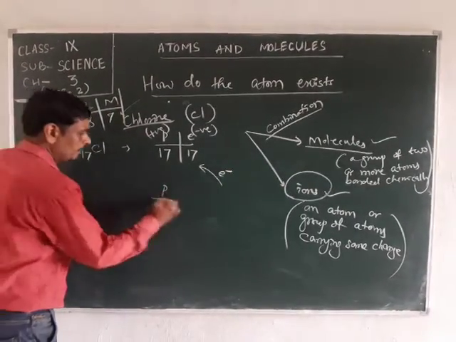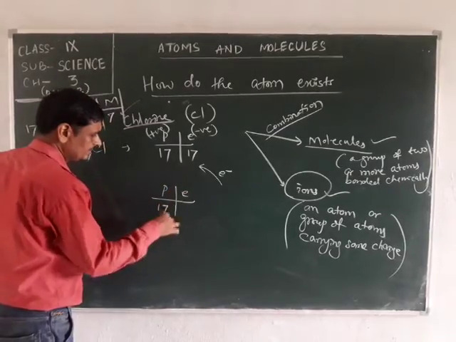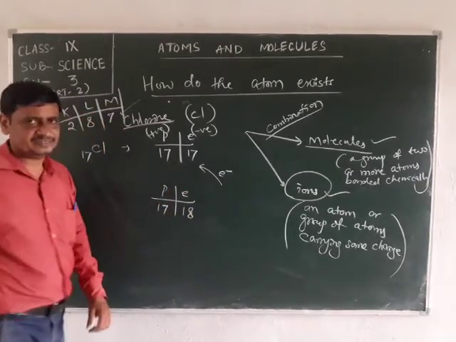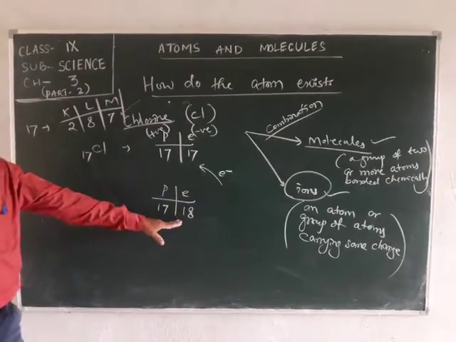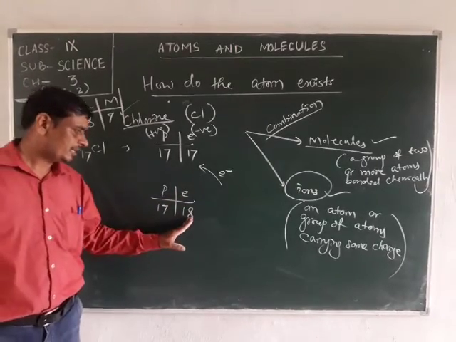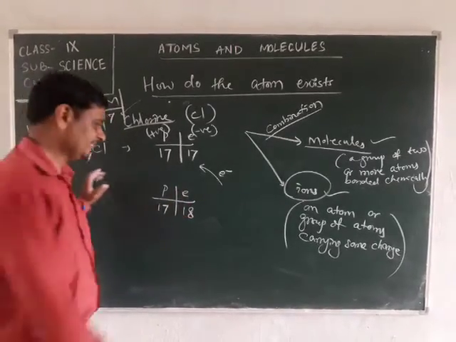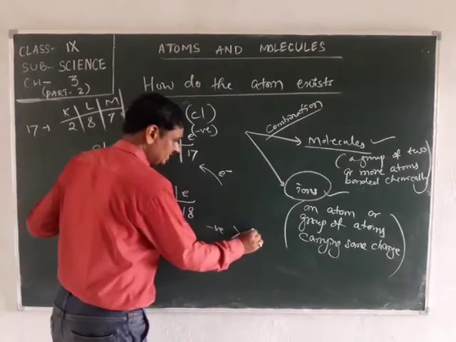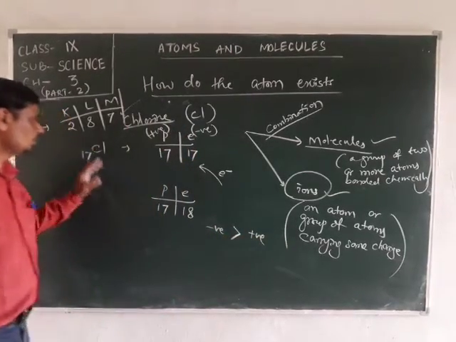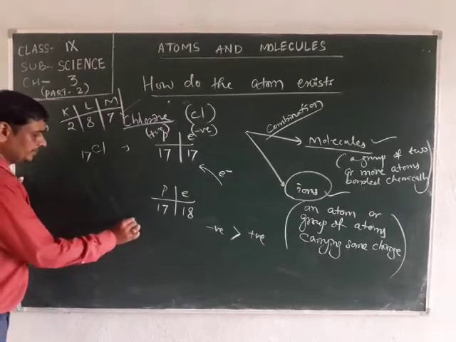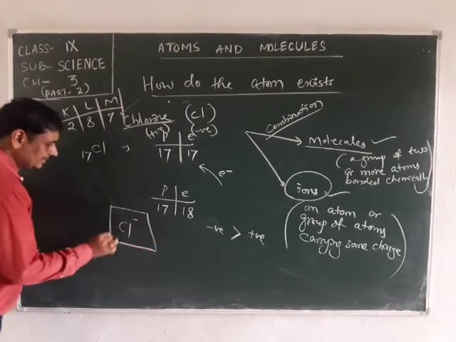Now the number of protons and electrons becomes 17 and 18 respectively. Since the number of negative charges is greater than the positive charges, this chlorine becomes Cl minus. It is an ion.